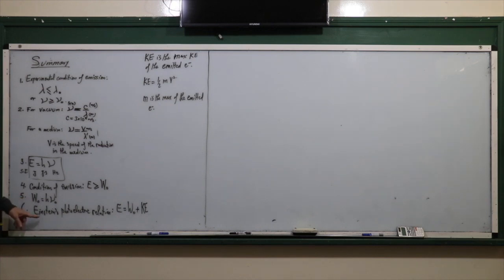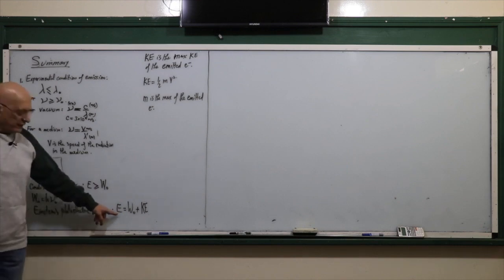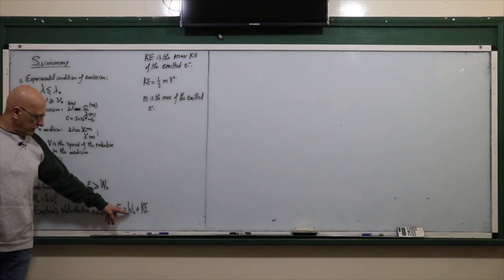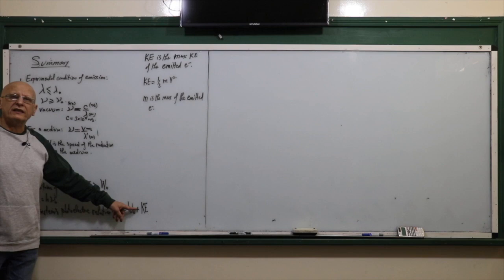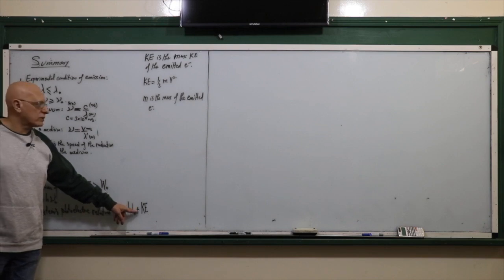The last one here is Einstein's photoelectric effect relation. It says the energy of a photon is equal to W node plus the maximum kinetic energy of the emitted electron.